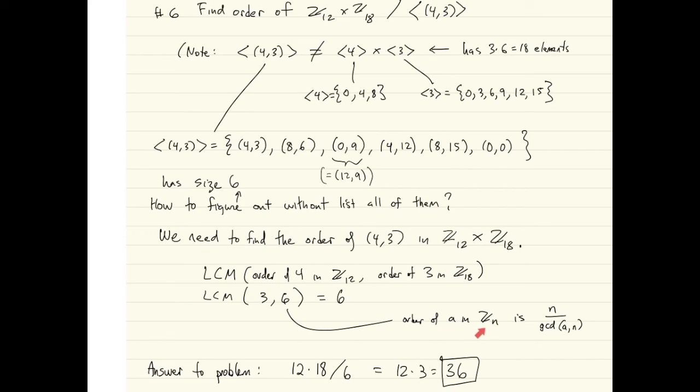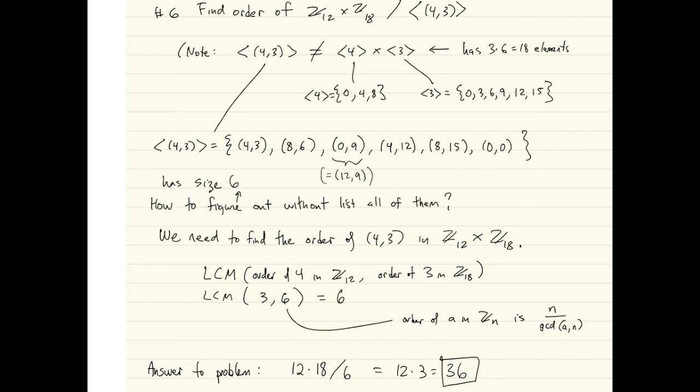You could just add 3 to itself a bunch of times and get 6. Another way to do that is this formula, from the section on abelian groups, that the order of a in Z mod n is n divided by the GCD of a and n. So the order of 3 in Z18 is 18 divided by the GCD of 3 and 18, which is 3. So 18 divided by 3 is 6.